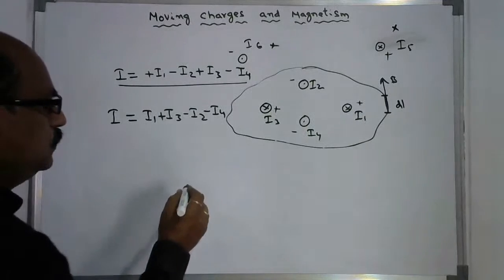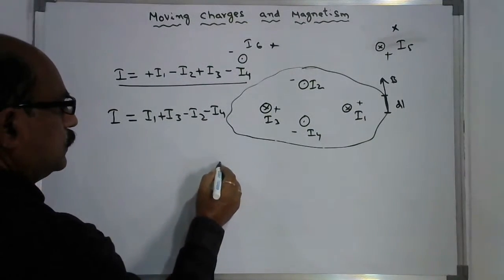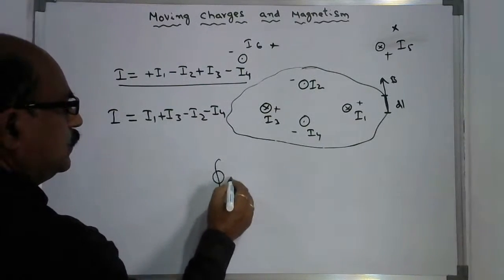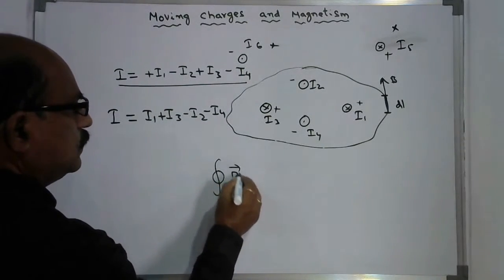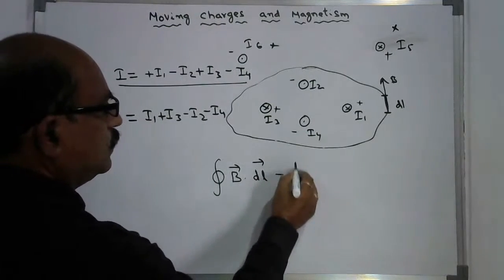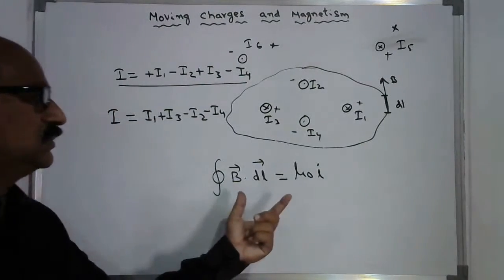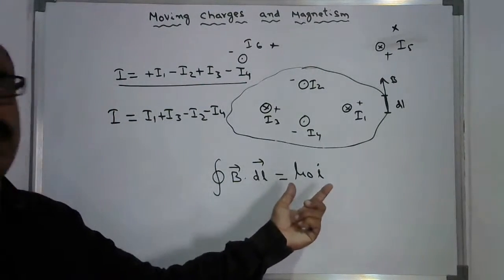So now the integral B dot dl is equal to mu naught I. This is the Ampere circuital law.